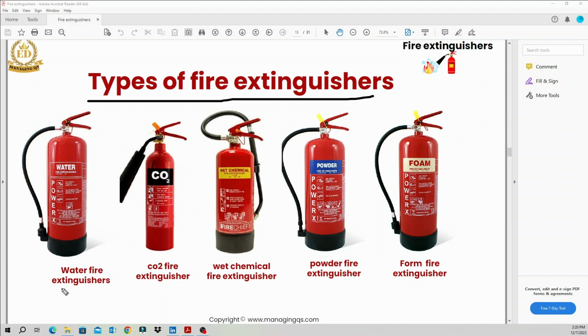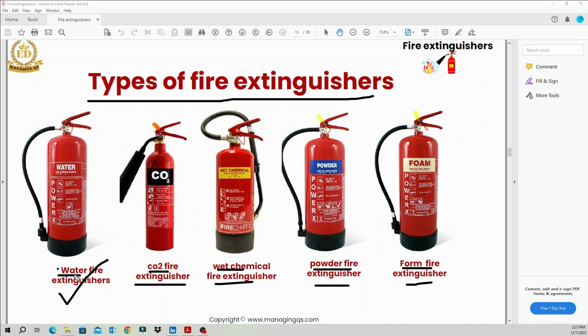So the first one is the water fire extinguisher. The fire suppression agent is water. The second one is the CO2 fire extinguisher. The third one is the wet chemical fire extinguisher. The fourth one is the powder fire extinguisher. The fifth one is the foam fire extinguisher.